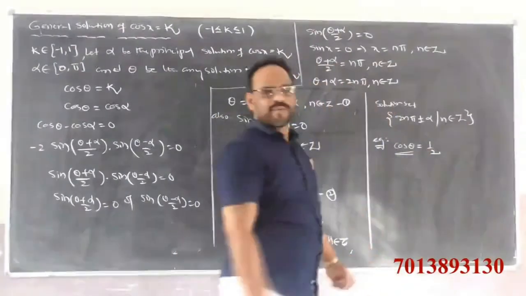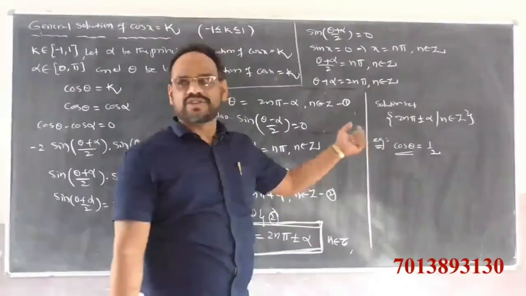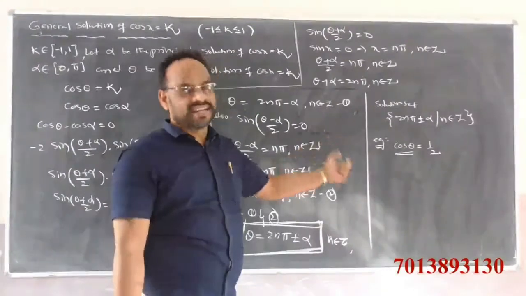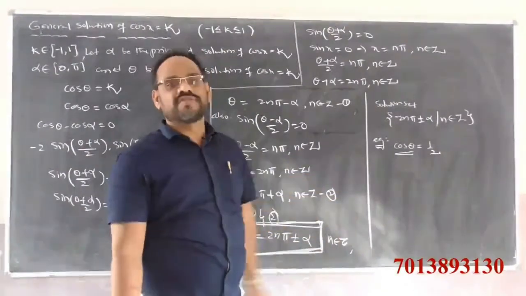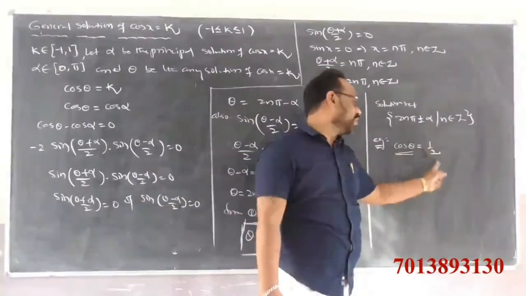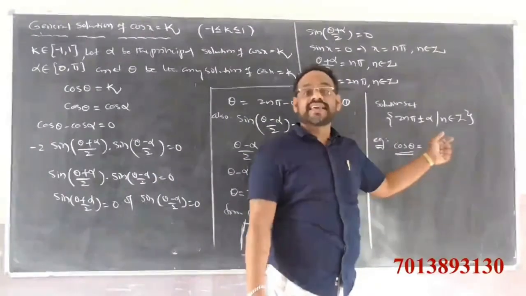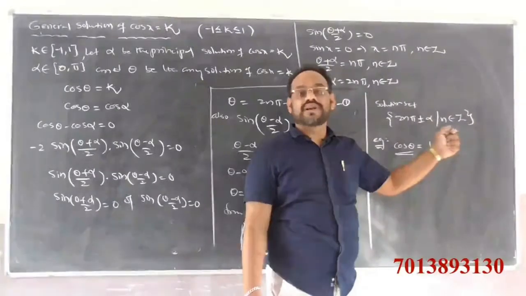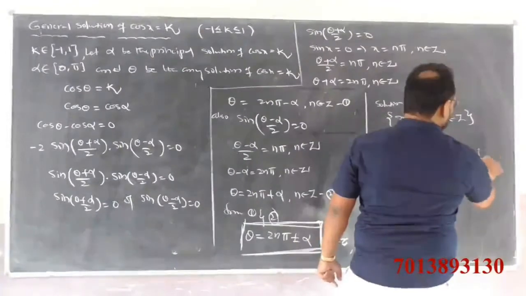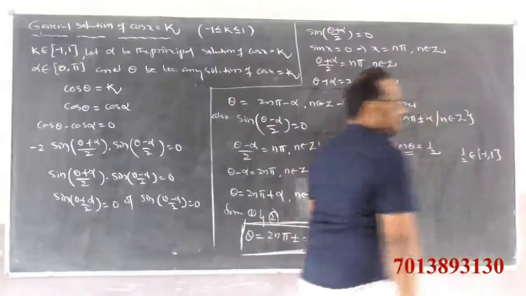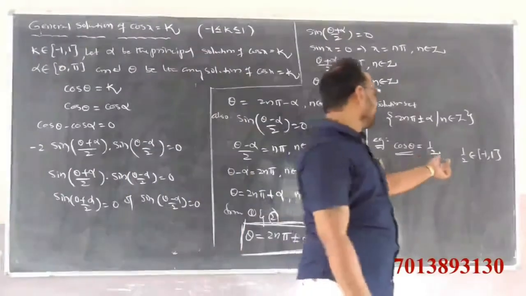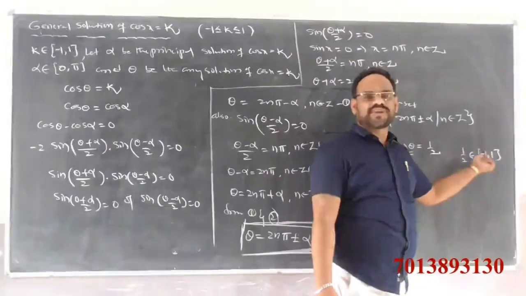Cos theta is equal to 1 by 2 means, clearly, 1 by 2 is k. K belongs to the closed interval minus 1 comma plus 1. So 1 by 2 clearly belongs to the closed interval minus 1 comma plus 1.